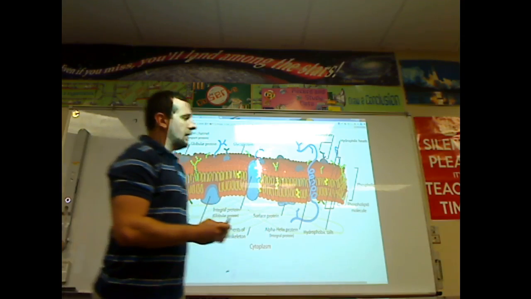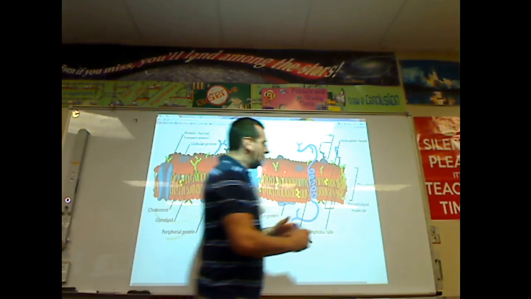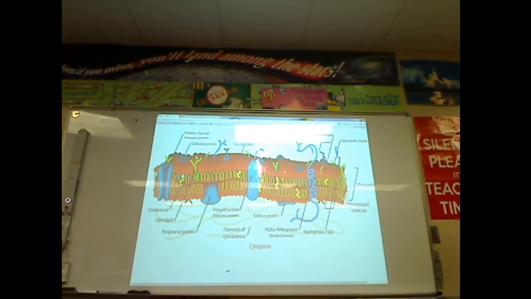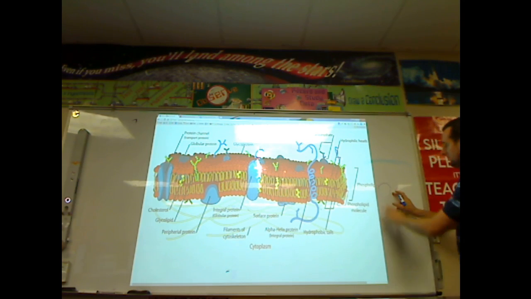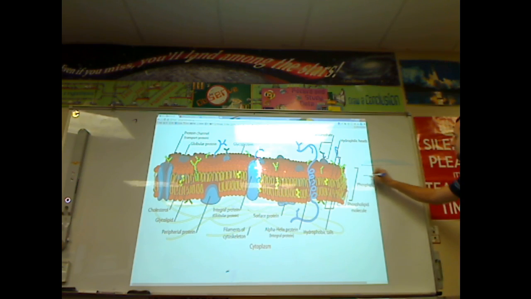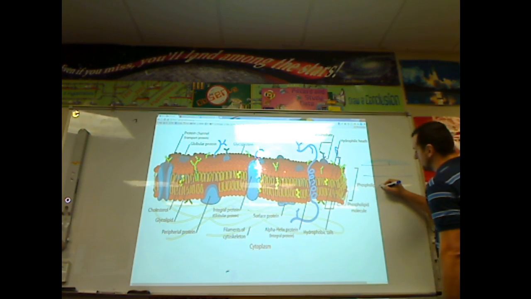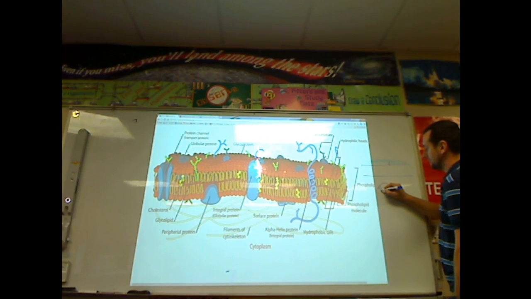All right? Now, here's actually an interesting thing. When you merge to the membrane, we're talking about exocytosis now, right? So let's think about the membrane here. Let's think about if I want one of these blobs to merge with the membrane. Where do I want the protein to be if I want the protein to be on the outside? When this thing merges with the membrane, remember this is also made of bilayers, right?